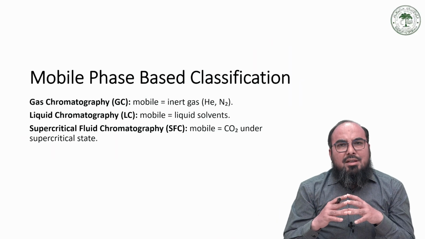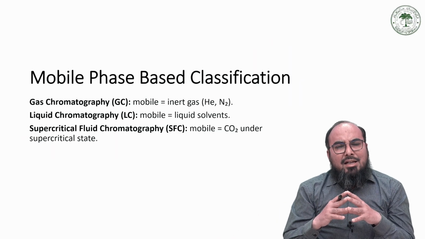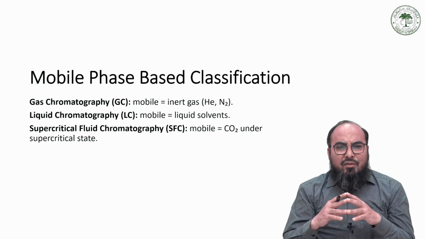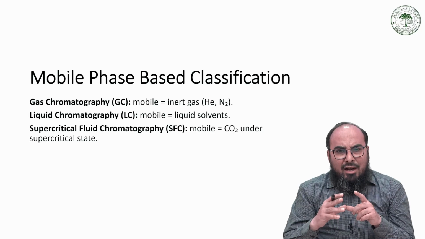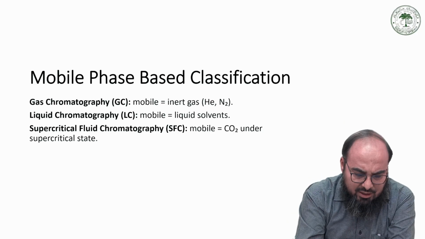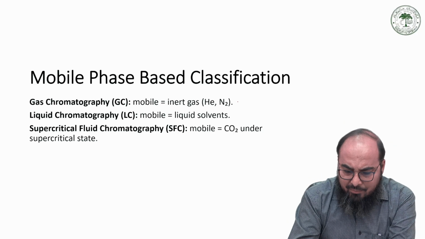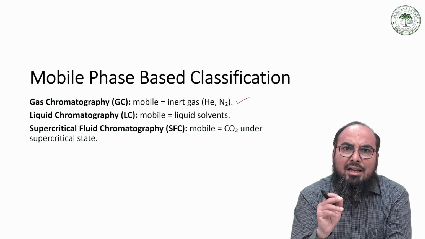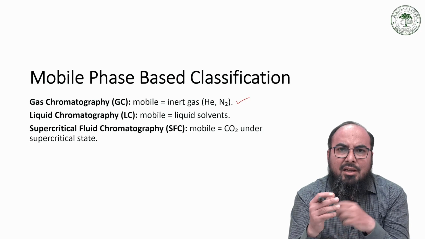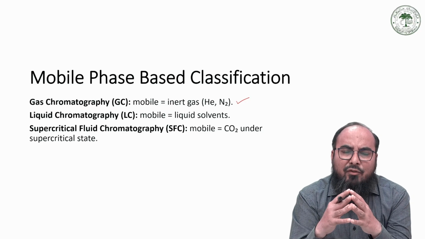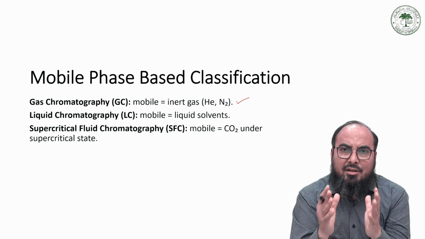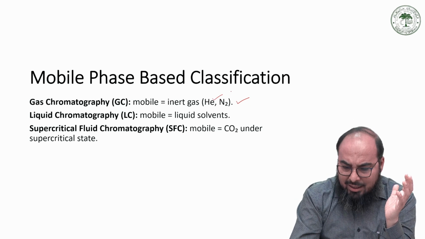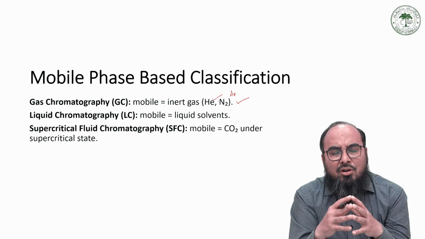So, the chromatographic classification on the basis of the mobile phase. If your mobile phase is exclusively a gas, then you can call it gas chromatography. Generally in gas chromatography, the mobile phase is an inert gas, generally helium, argon, and sometimes nitrogen also.